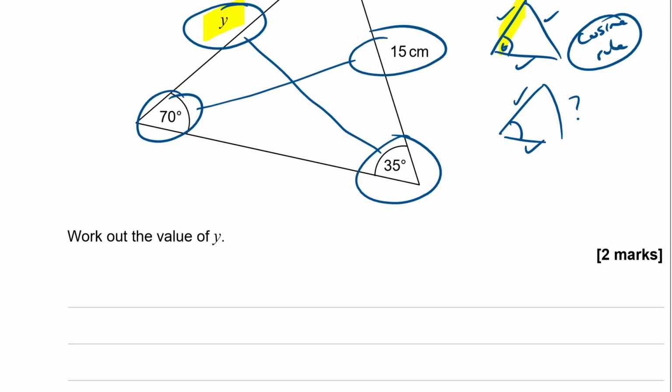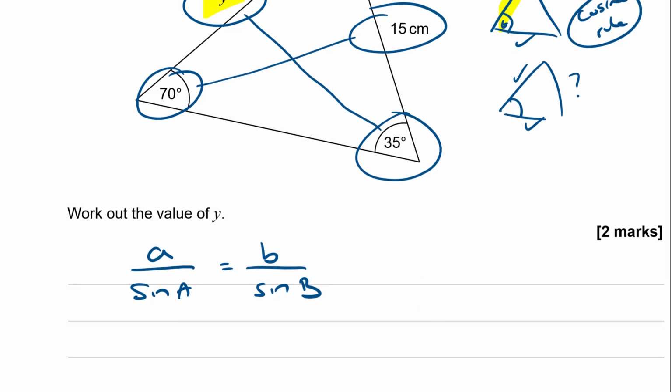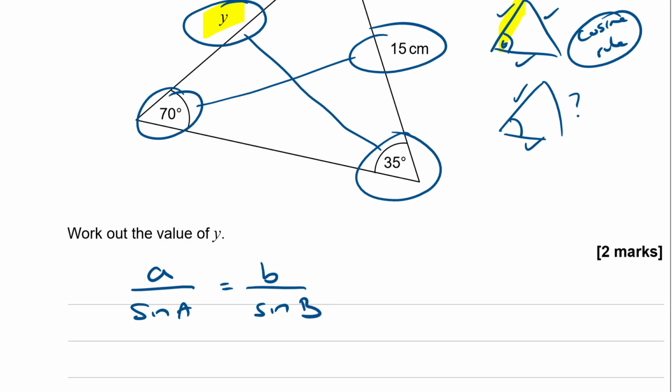Now the sine rule says a over sine A equals b over sine B equals c over sine C as well. We don't need that much though. And then we can sub in from our diagram. Here we're going to have y over the sine of 35 is equal to 15 over the sine of 70.